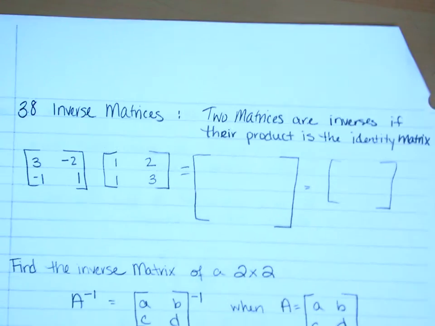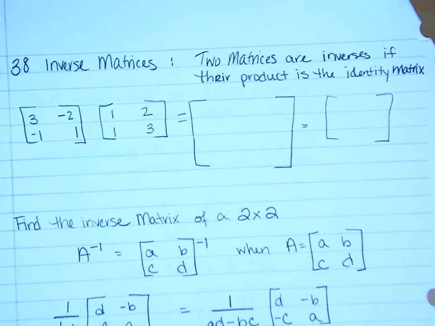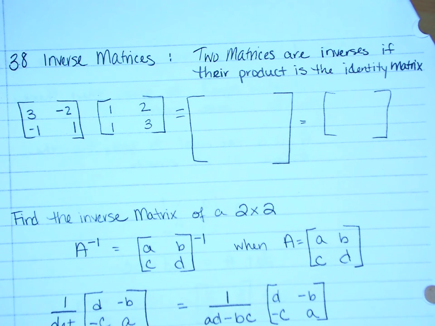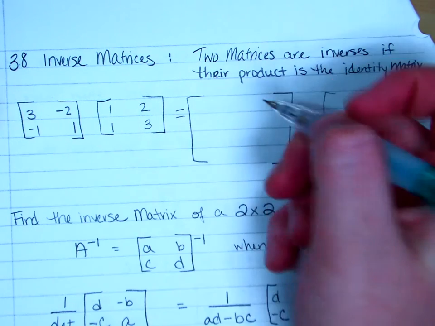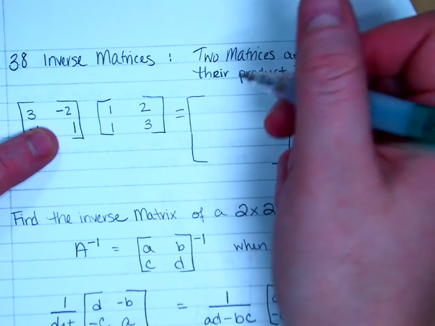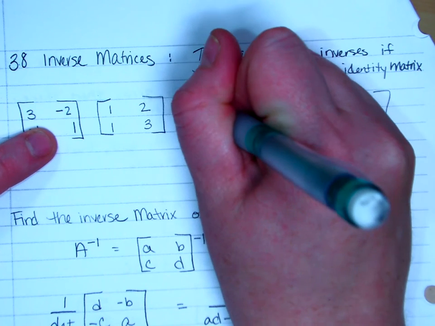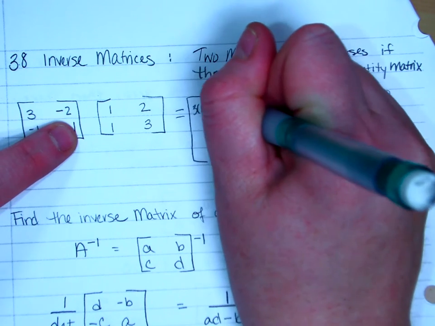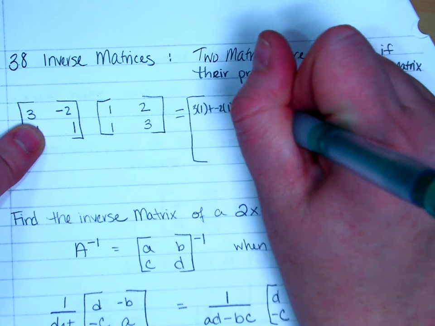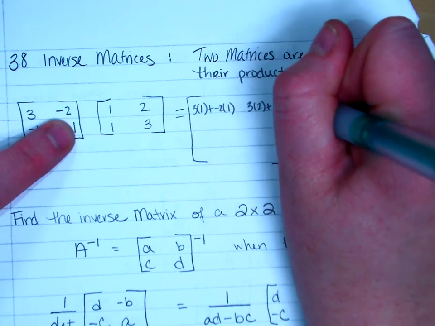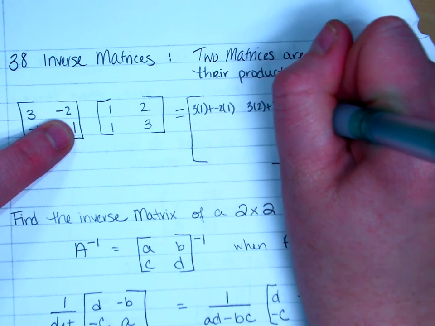Still going with 3.8. So what we're going to do is see if two matrices are inverses, which means their product is going to be the identity matrix, because we will use those to solve. So when I multiply this, it's going to be 3 times 1 plus negative 2 times 1. 3 times 2 plus negative 2 times 3.